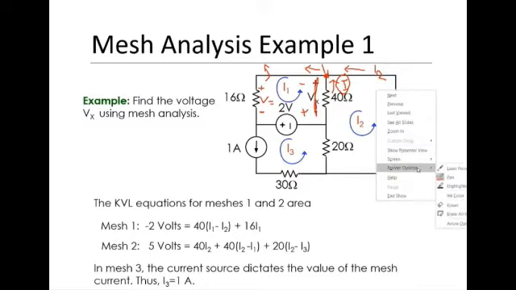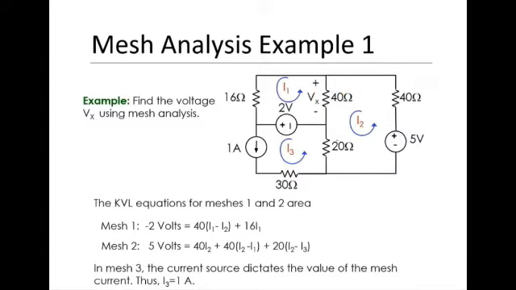For mesh 2, we assume that the current flow through each of the branches in the circuit is defined by the loop. Therefore, the current flow through the 40 ohm resistor is this, the current flow through the 20 ohm resistor is this, and the current flow through the 40 ohm resistor is this. Now we do KVL in these loops.